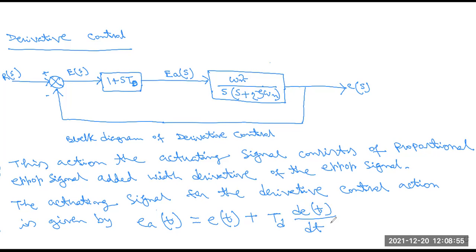So this is the actuating signal for the derivative control action: ea(t) equals e(t) plus TD times de(t)/dt.